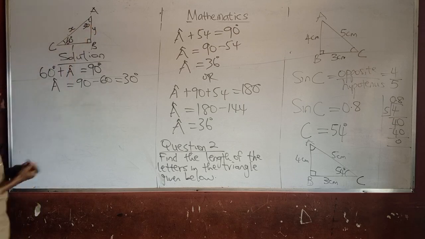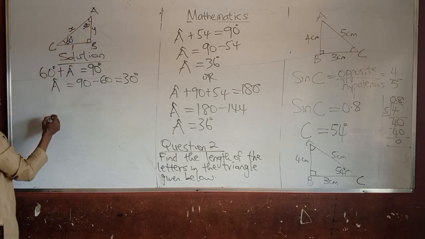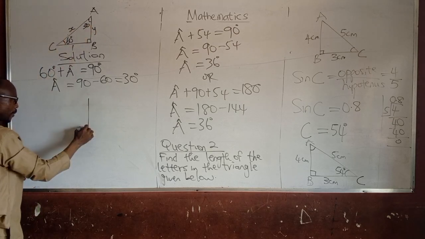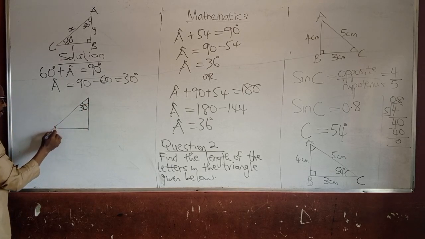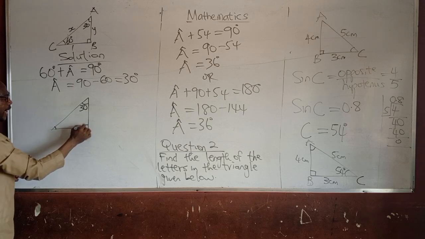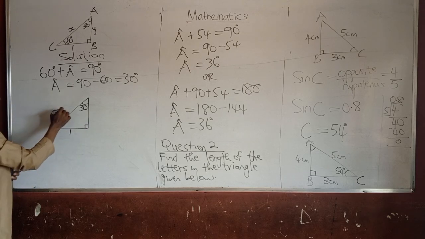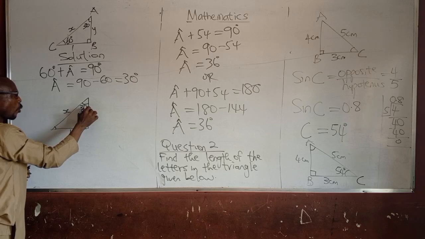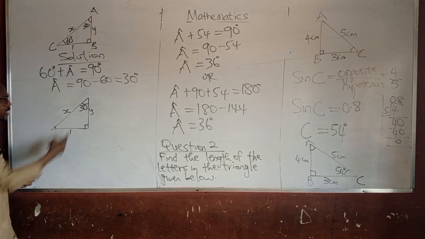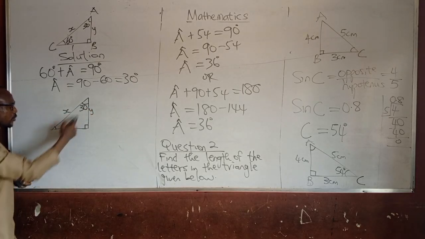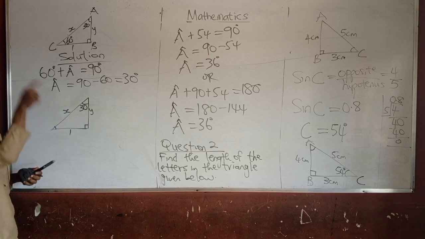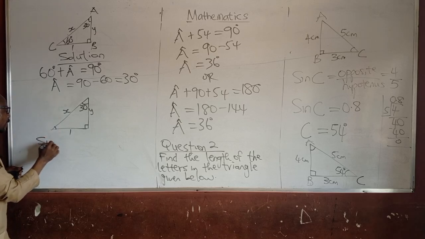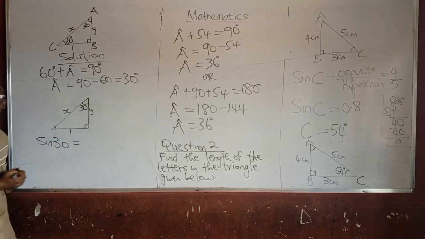Here is 1, here is x, and here is y. It means this side will be opposite for angle 30, and this side will be the hypotenuse.